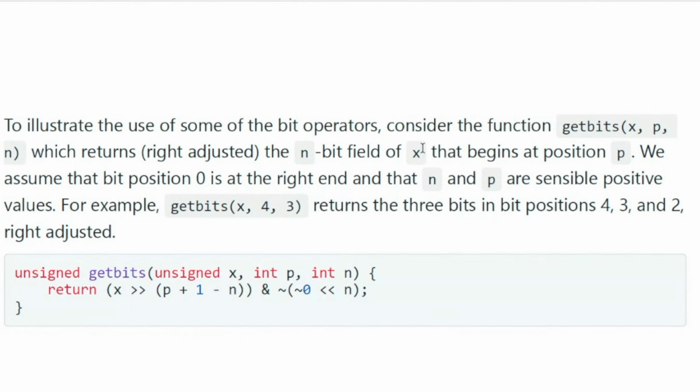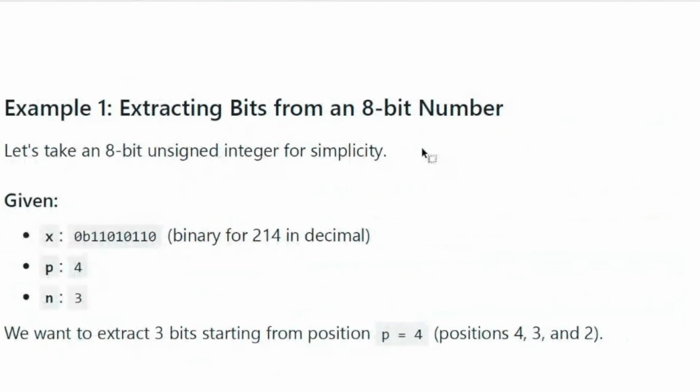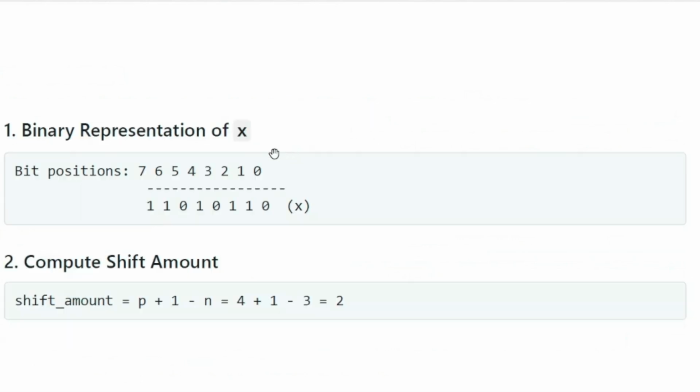Let me give you an example here. Let's say our x equals 1101 0110. We want to get 3 bits from it, starting at position 4. So here is how you decide the position.